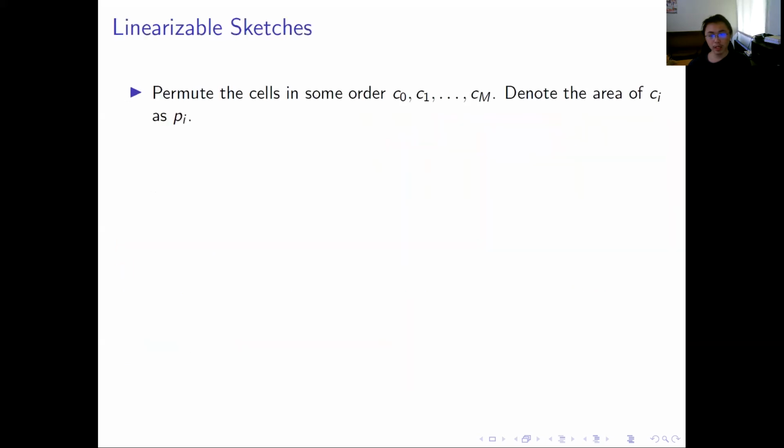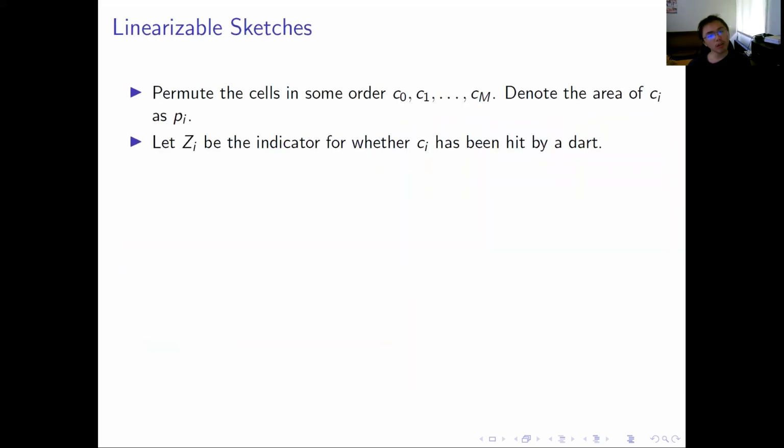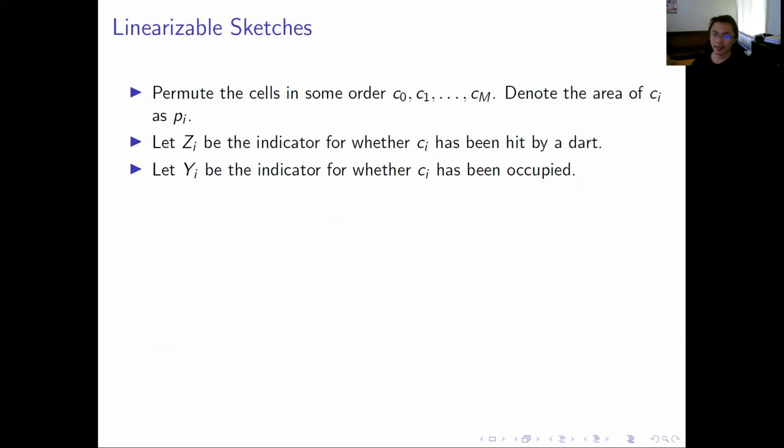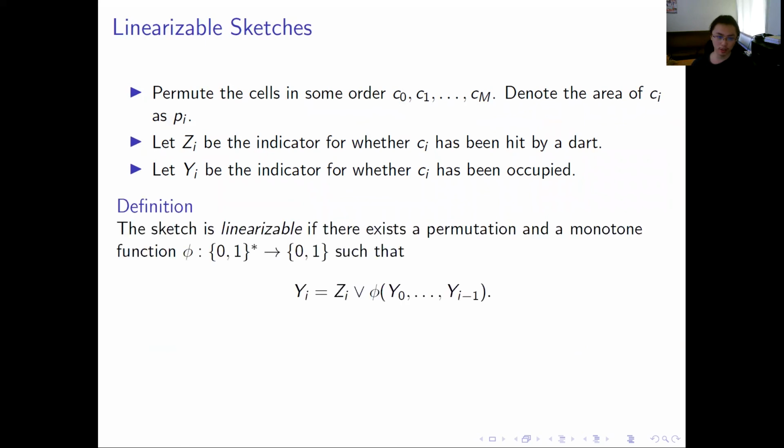So in this model, a sketch is called linearizable if, let's say, Zi is the indicator whether a cell is hit or not, and Y is the indicator whether a cell is occupied or not. And we say a sketch is linearizable if you can permute the cells in a certain order where whether a cell is occupied or not only depends on, first, whether it's been hit or not, and second, whether the precedence of it has been hit or not.